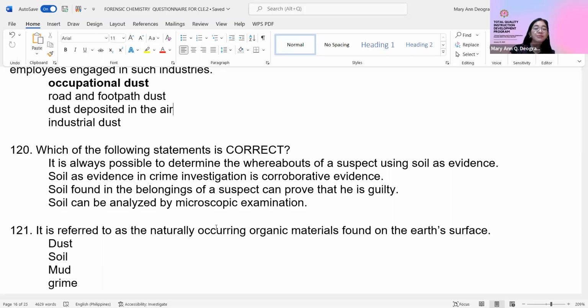Soil can be analyzed by microscopic examination. Alin dyan yung pinaka-correct na answer? Letter? Okay, letter B. It's a corroborative evidence against the suspect.